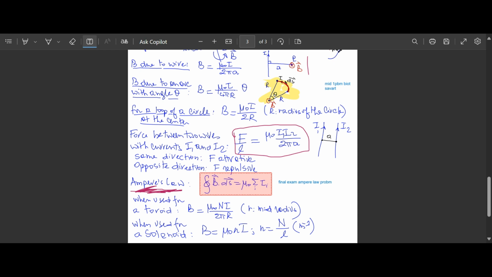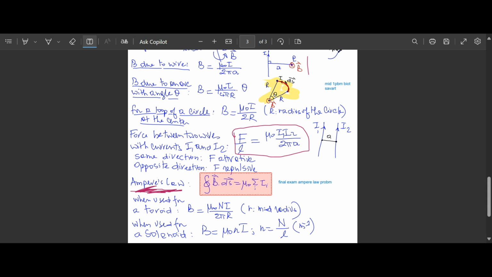Okay? And therefore, this will allow me to calculate, for example, the solenoid, and will allow me to calculate the toroid. And these two are important, by the way. For the solenoid, we found B equal to mu0 n I, with n being the density of number of turns, that is the capital N over L. And a toroid is just a solenoid that we make like a donut. We make it a circle.